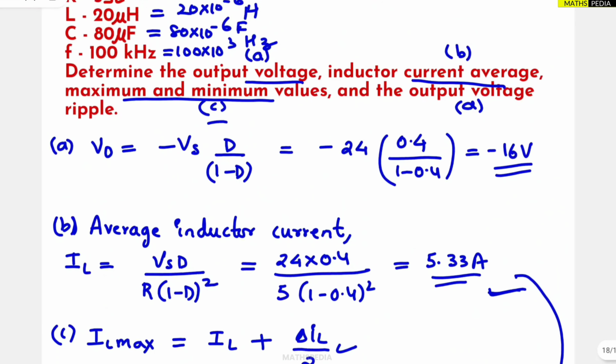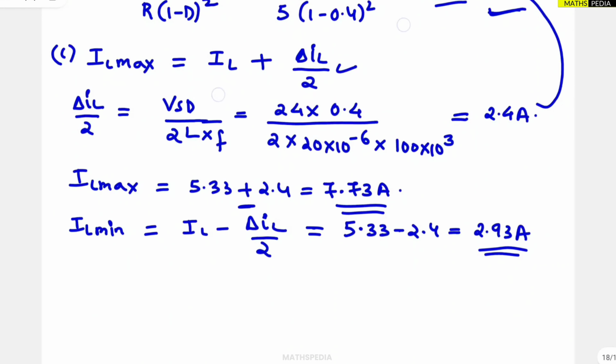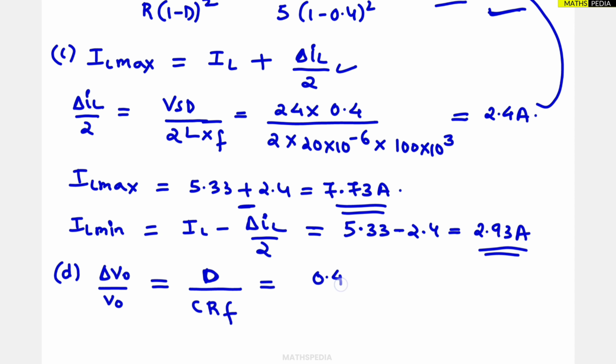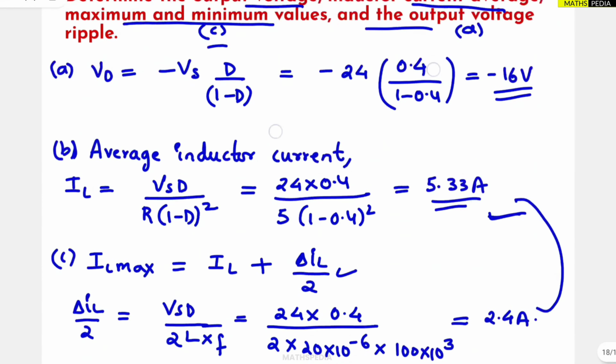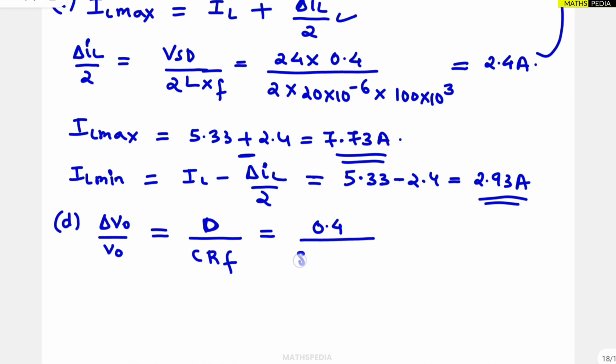Let us go for the D part. We have to find the output voltage ripple, denoted by delta Vout by Vout, and it is calculated as D divided by RCF. The D value is 0.4. The capacitance value given in the question is 80 micro, so 80 times 10 to the power minus 6, the R value is 5 ohms, and the frequency is 100 kilohertz.